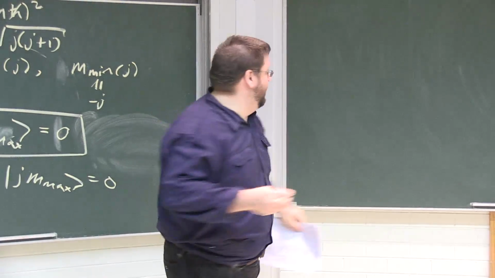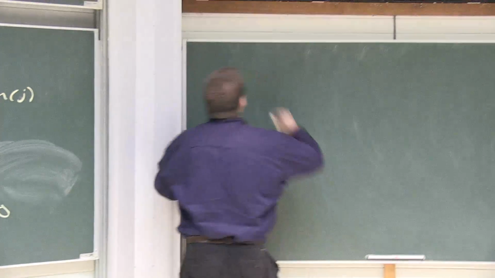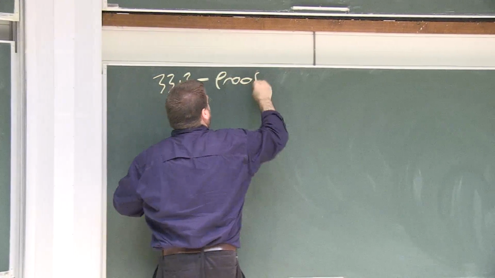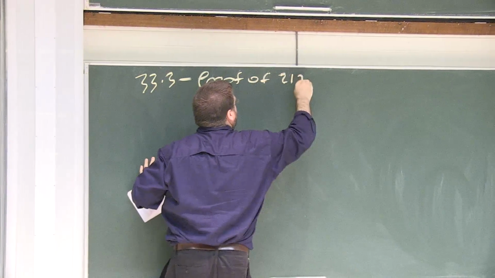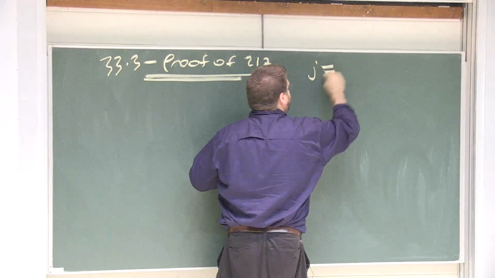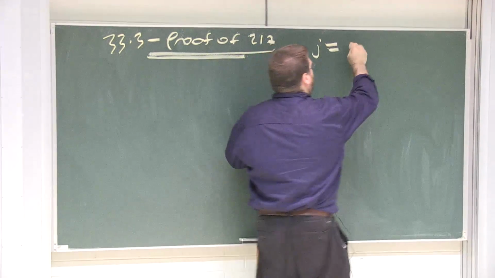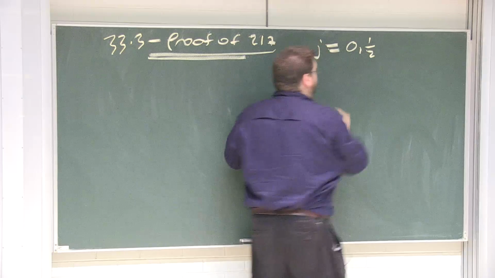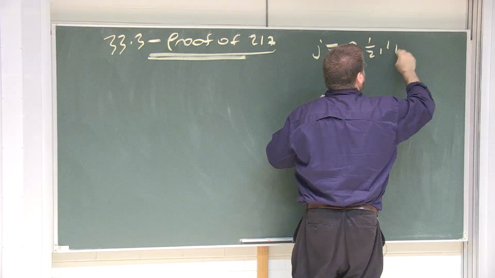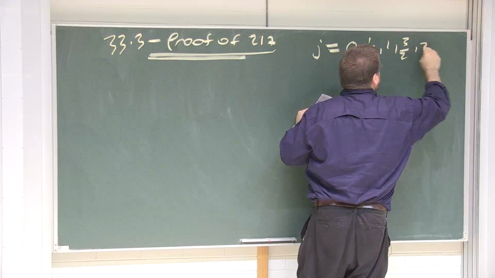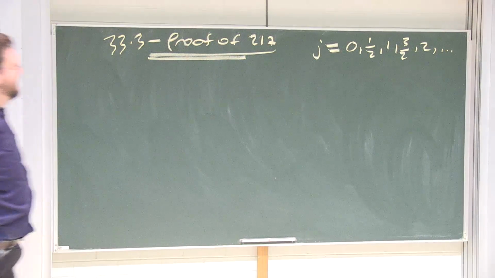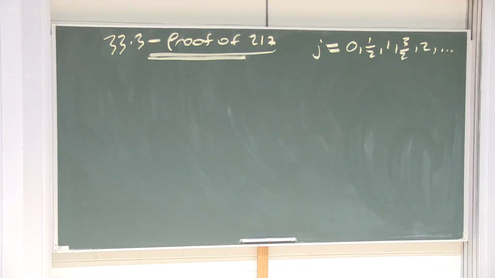Now I want to prove equation 217. Namely that the allowed values of generalised angular momentum are either non-negative integers or non-negative half integers. Physicists will often be loose and just say that j is integral or half integral.